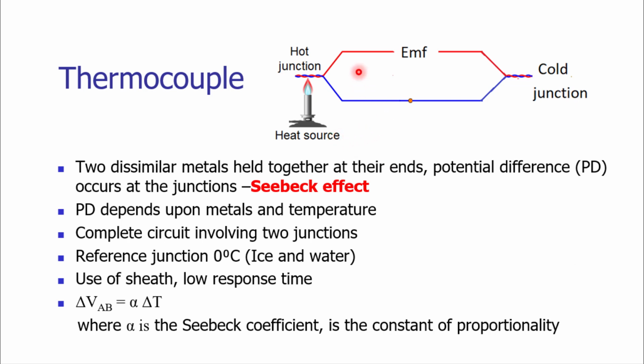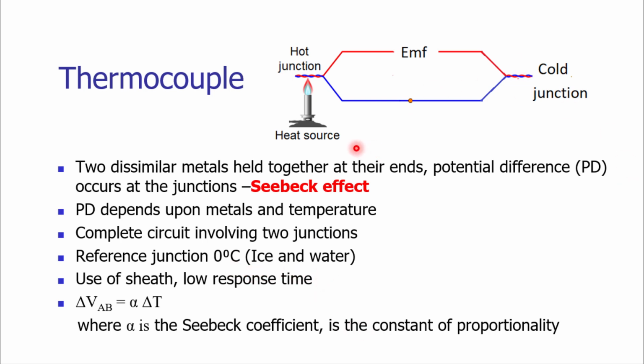Let us consider two dissimilar materials connected at their ends. One end is getting heated up, however the other end is cold, at 0 degrees Celsius. To have the junction at 0 degrees Celsius, we are using ice and water.